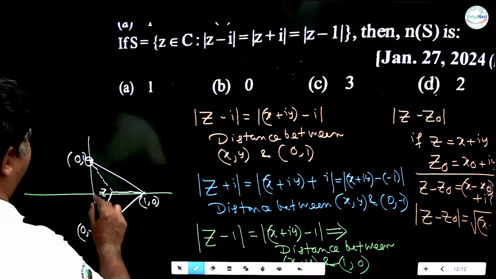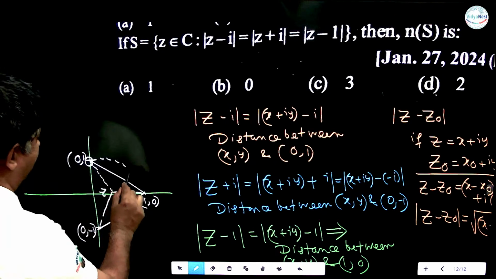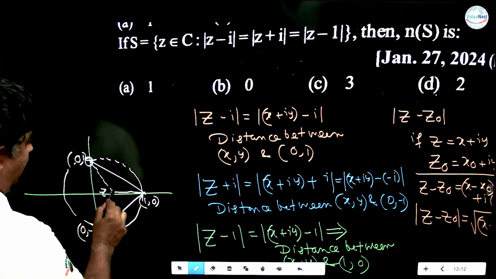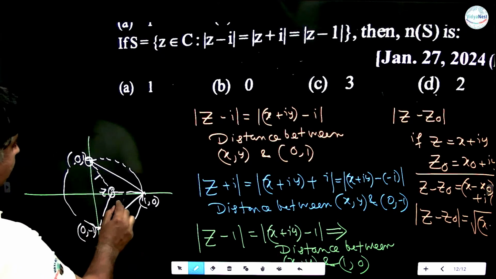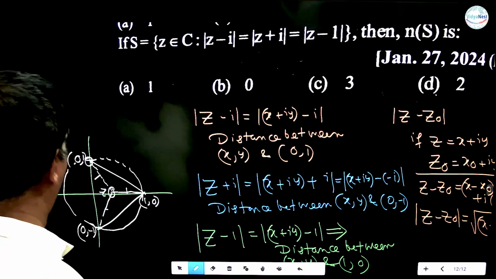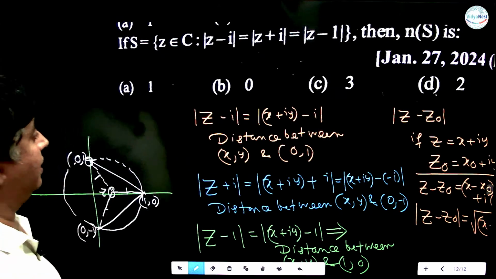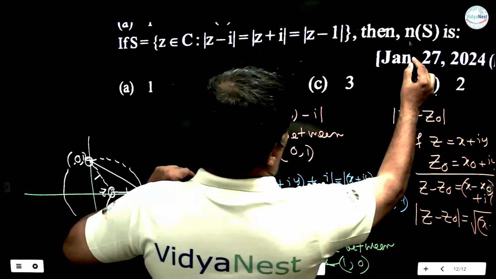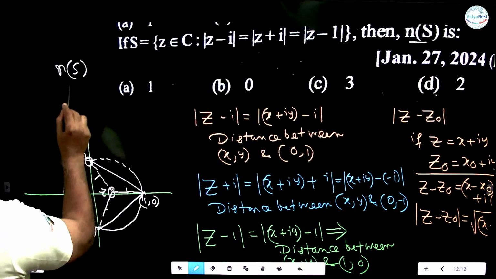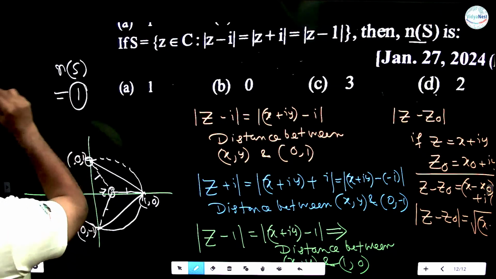If you wish, you can consider it as a circle, that is the center of the circle, and the distances as radius. So in a circle there exists only one center. So the number of such points is 1.